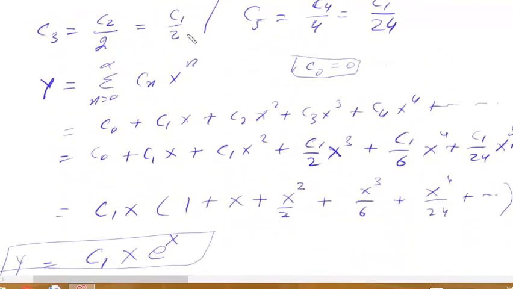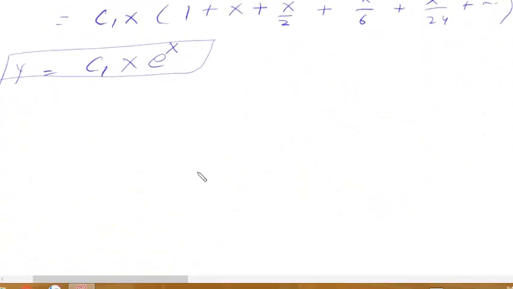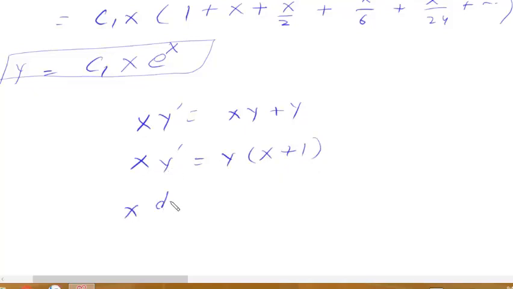We use the separation of variables method. This equation is x y dash is equal to x y plus y. Then x y dash is equal to, we take y common, y times x plus 1. Then this is dy divided by dx, y into x plus 1.